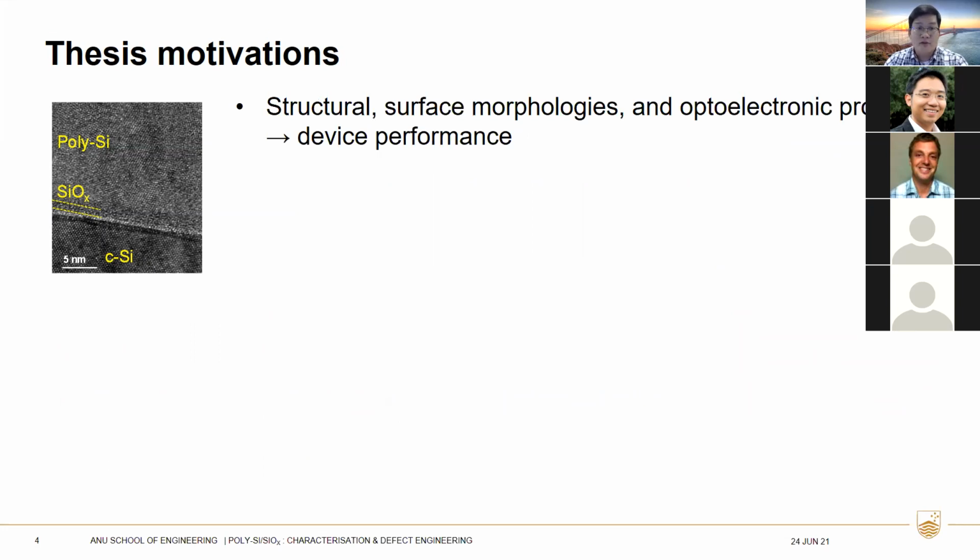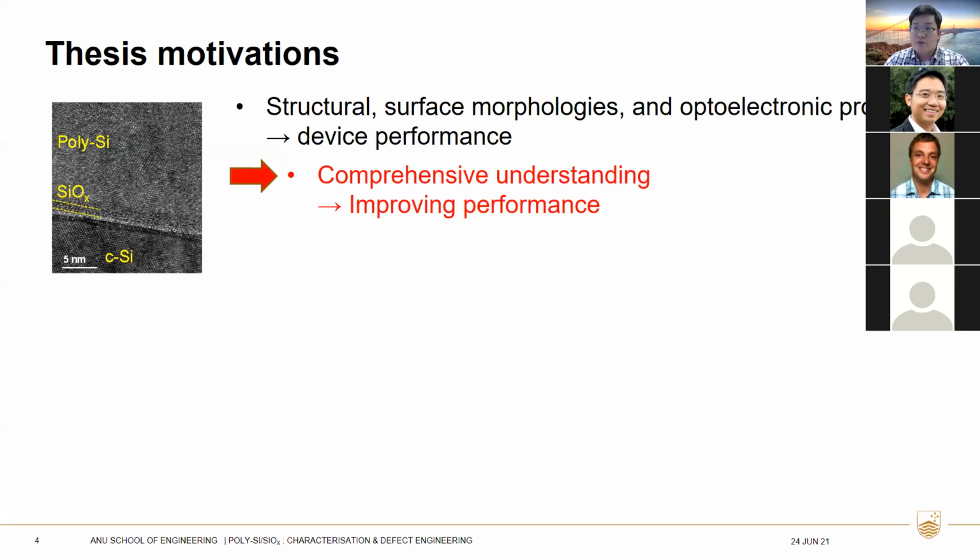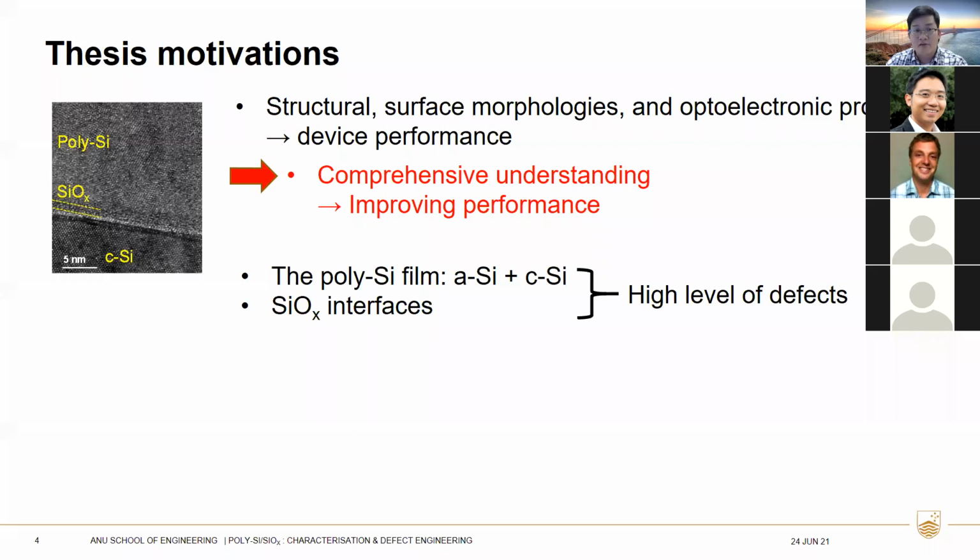The device performance is strongly dependent on the structural, surface morphological and optoelectronic properties. So a comprehensive understanding of these properties will help improve the performance of the finished devices. Also, we know that polysilicon films often contain both amorphous and crystalline phases, and the oxide interfaces with the polysilicon film and the silicon substrate often contain a very high level of defects.